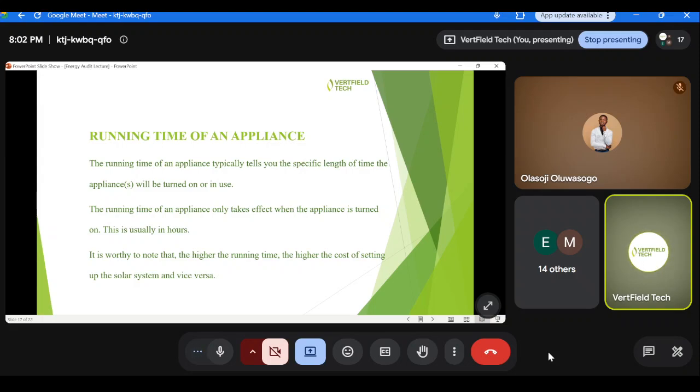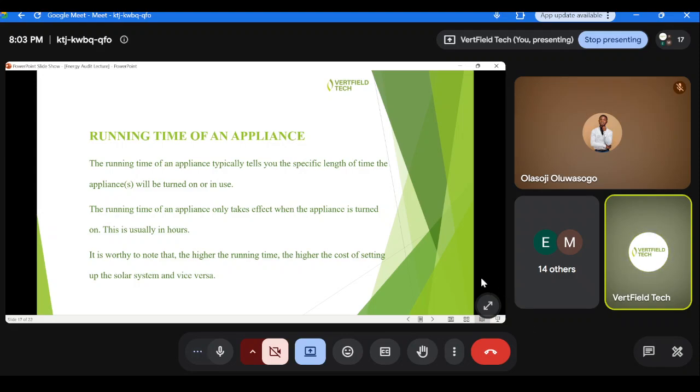It is also in hours: 1 hour, 2 hours, 3 hours, 4 hours, 5 hours. What you need to know as well is that the higher your running time, the higher the cost of installation. So if Madam Miriam tells us she wants her air conditioner to run for 10 hours, that's a very heavy load, which will require a heavy cost on her pocket. So I hope she has a very deep pocket to accommodate that.